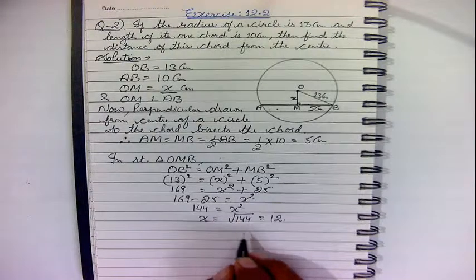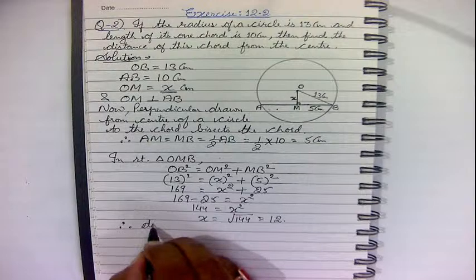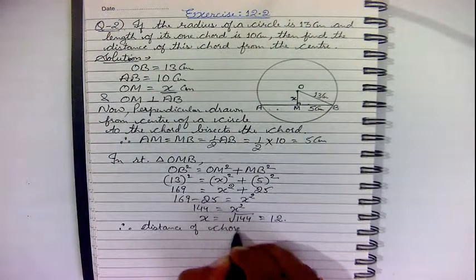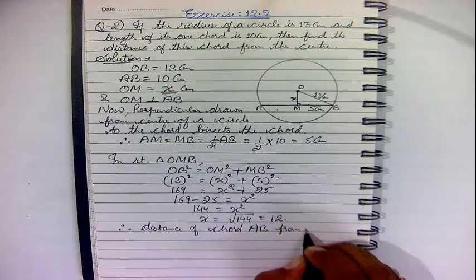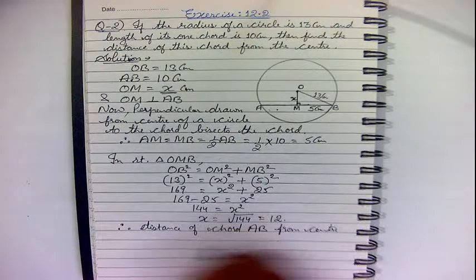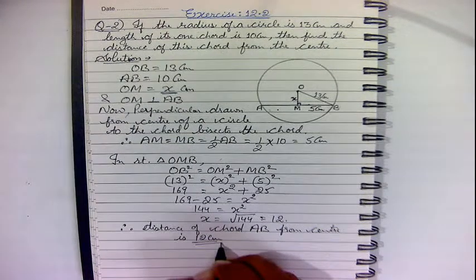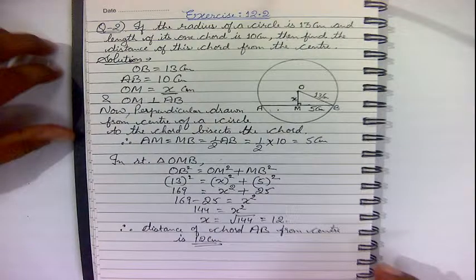So x is 12, hence distance of chord AB from center is 12 centimeter. So this is the distance which we had to calculate. So it is 12 centimeter.